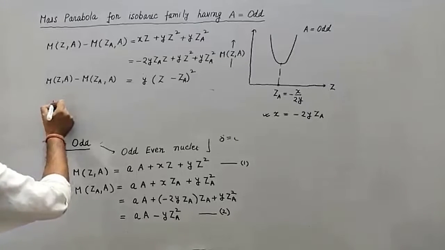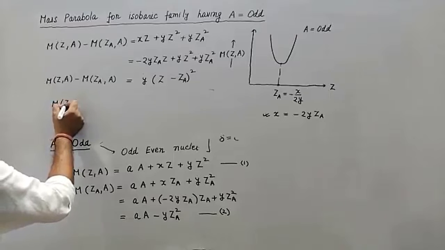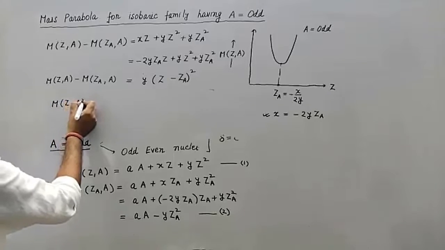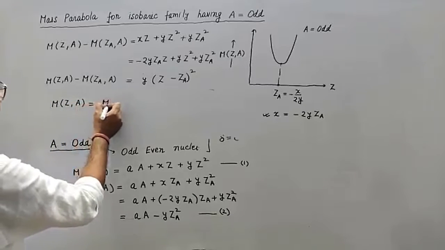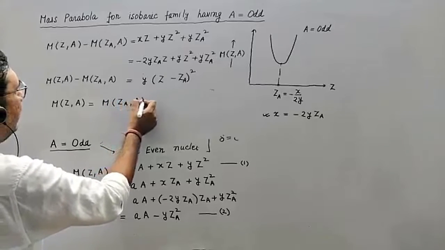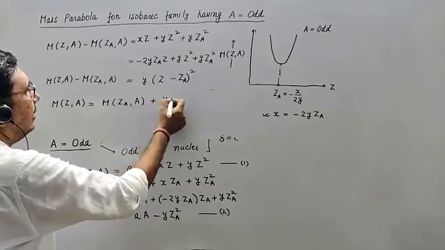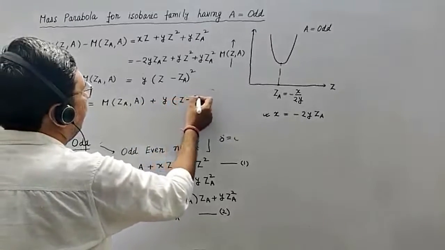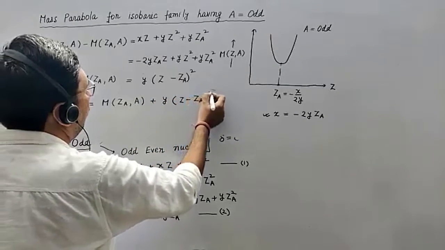So the mass of a nuclei M(Z,A) can be written as M(ZA,A) plus Y(Z minus ZA) whole square.